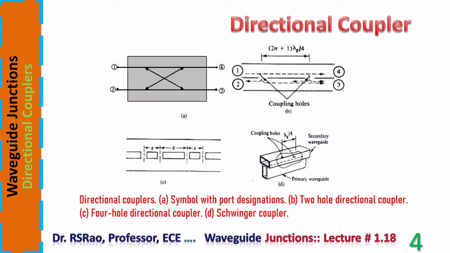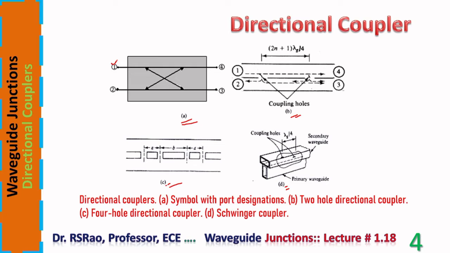Here in this slide, a good amount of information pertaining to directional couplers is given through four figures: A, B, C, D. In A, symbol of the directional coupler is given along with port numbering. Left hand side, top one, that port is given number 1. Usually input port is given 1.